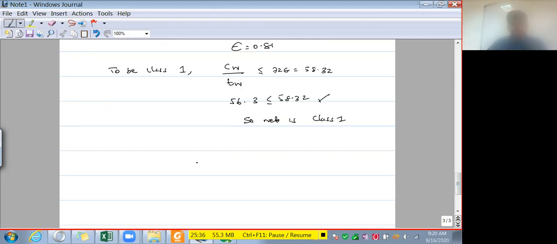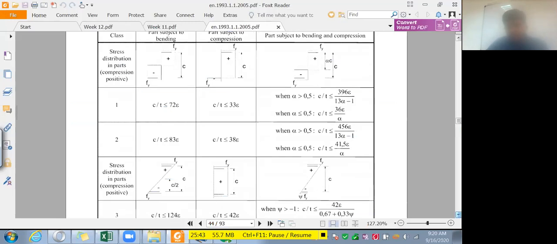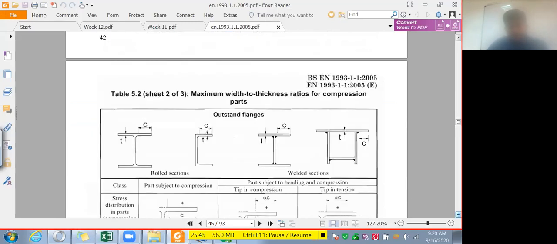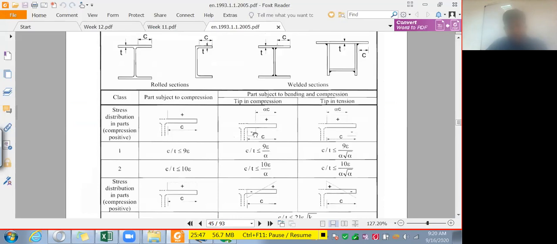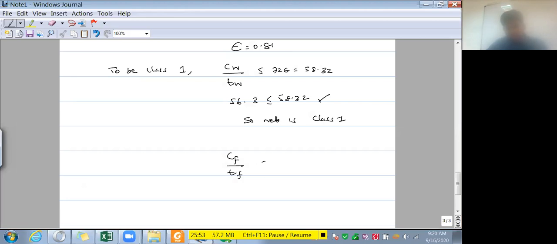Then the flange, CF over TF. The flange should satisfy Table 5.22, flange outstand, so it should satisfy 9 epsilon. 9 epsilon is 9 into 0.81, 7.29.